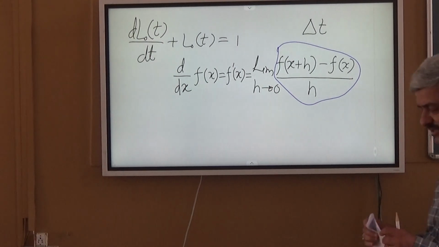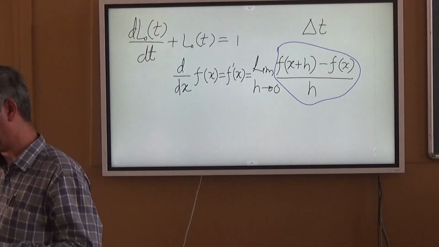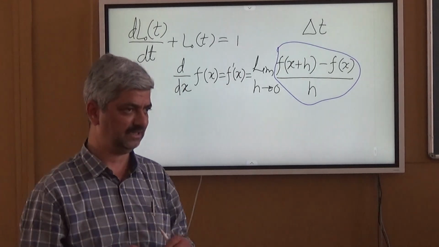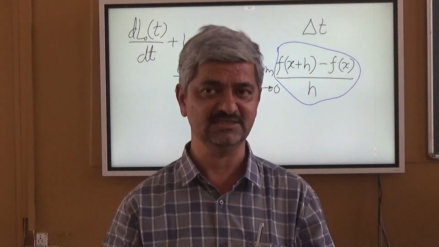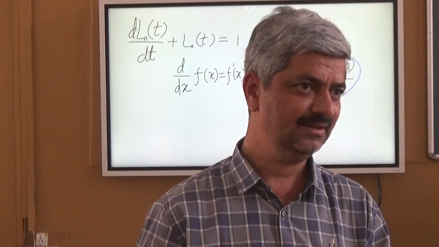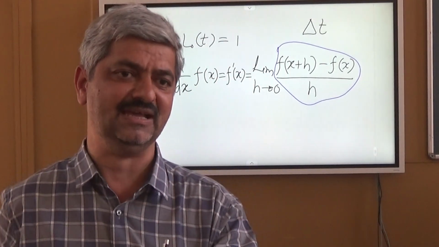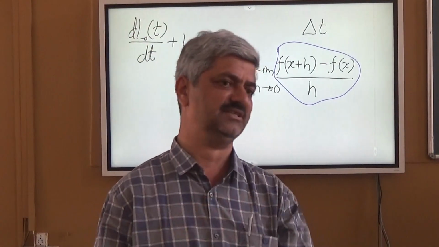I think that this is not wrong, but a biased expression. f dash x equal to f of x plus h minus f of x upon h is a biased expression.